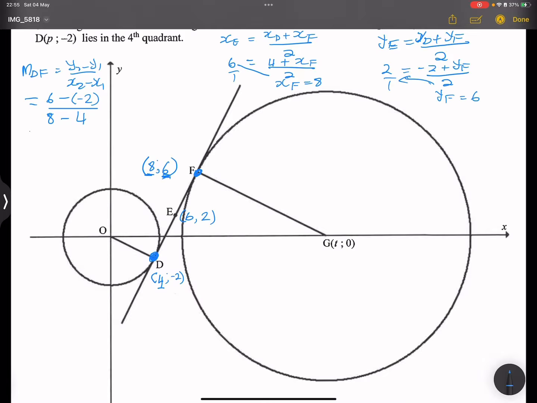And what do I get for that gradient? That's going to be 6 minus a -2, that's 8, divided by 8 minus 4, which is 4. So that's 8 divided by 4, so that gradient would be equal to 2. Right, but we're not done.